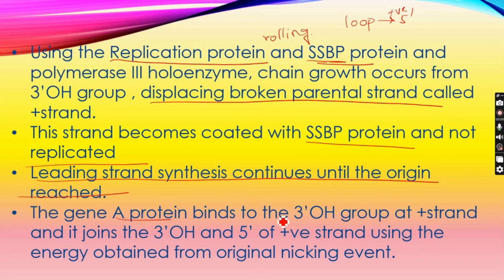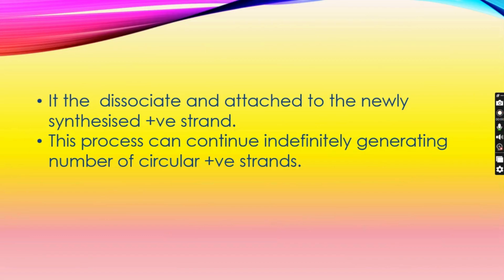The gene A protein is now bound to the 5' end of the positive strand, and then the original nicking event takes place. It leads to dissociation of the positive strand.